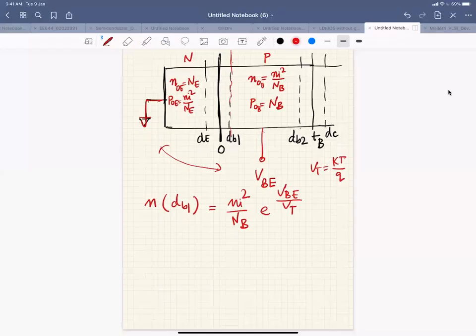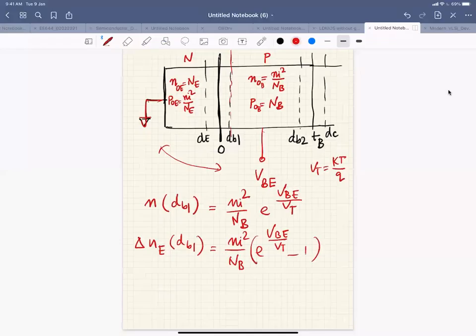The excess electrons at DB1 are ni square by nb times e to the power VBE by VT minus 1. This part we had done.